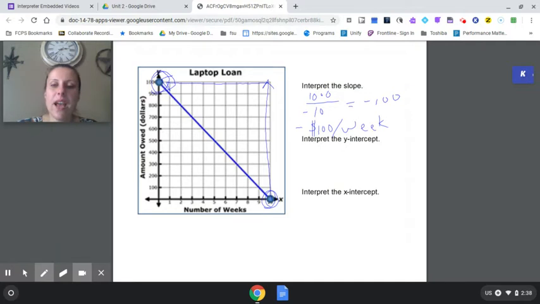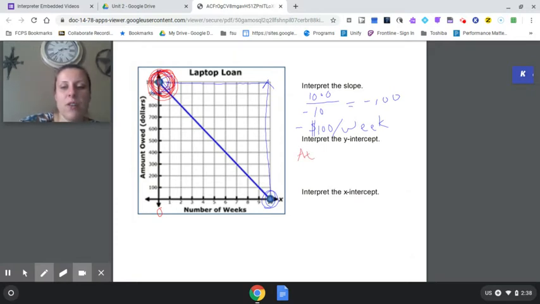Okay, the next item, we're interpreting the Y-intercept. So the Y-intercept is where it touches the Y-axis. And that's this point that we've identified right here at the top. So we see at 0 weeks, we owe $1,000 on the laptop. So that's my interpretation of the Y-axis.